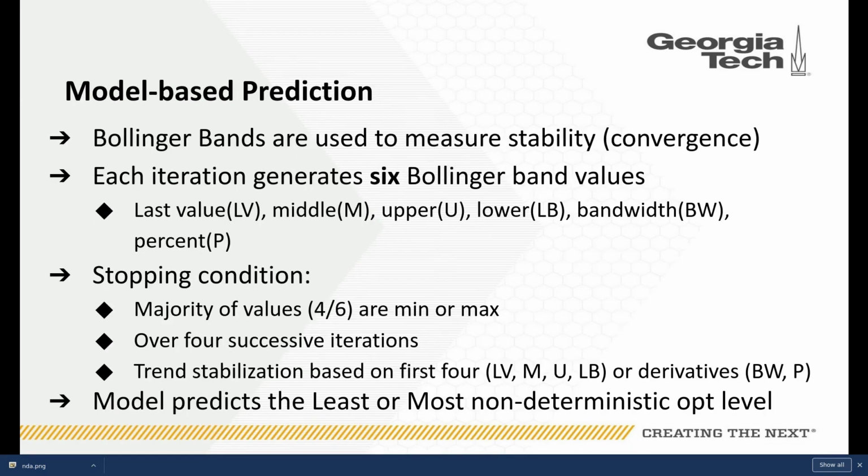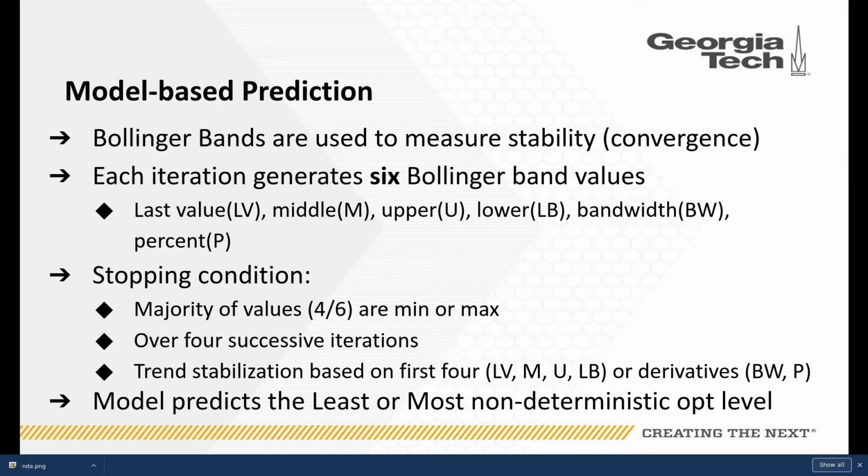Bollinger Bands are used to measure the stability or convergence of a financial entity. We use them to gauge the stability of the prediction of the model. For every iteration of 500 runs, we generate the 6 Bollinger values for each version of the program. Once the majority of the Bollinger values, that is 4 out of 6 values, are either minimum or maximum for 4 consecutive iterations, we stop.